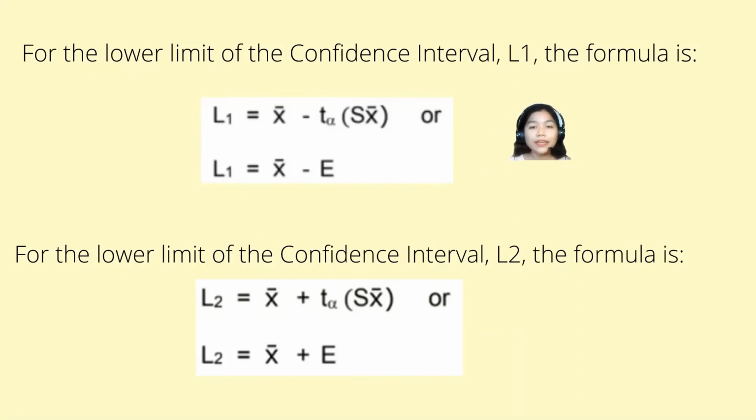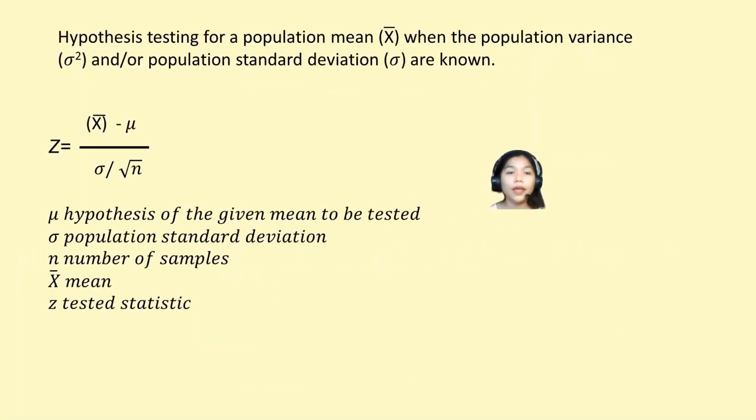So, to compute for the lower limit of the confidence interval, denoted as L sub 1, simple. Mean minus T alpha times standard error or mean minus margin of error. For the upper limit, kasi positive, diba? So, plus. So, L sub 2, mean plus T alpha times standard error or mean plus margin of error.